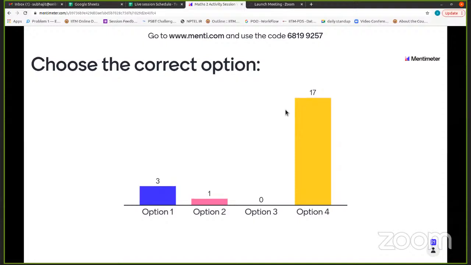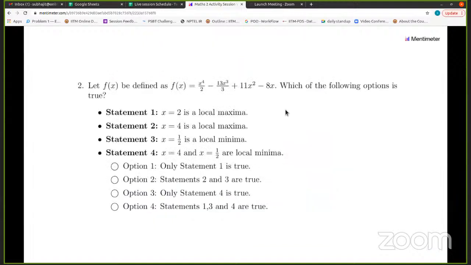Yeah, so I am getting 3 answers now, 1, 2 and 4. Okay, so let me go back to the question now and see what options 1, 2 and 4 are.